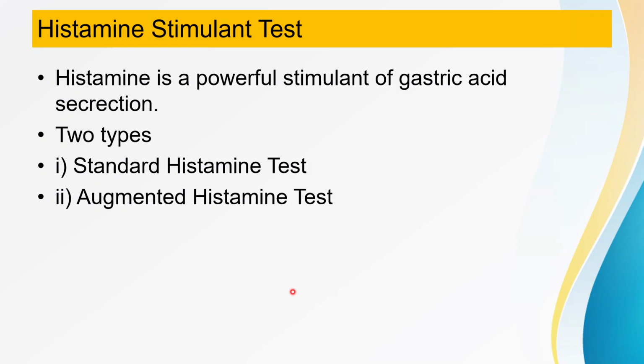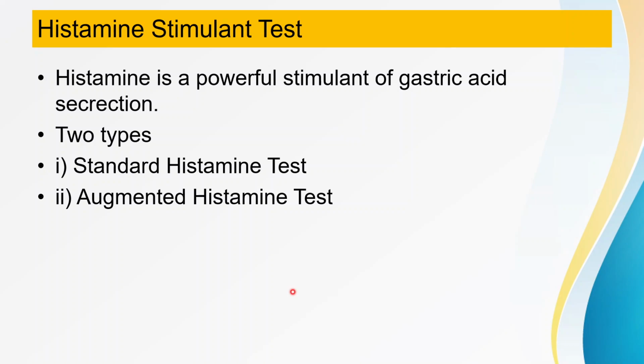So absence of HCl, this is the interpretation. Absence of HCl in gastric residuum and in gastric juice after giving histamine. After giving this histamine, if there is no HCl secretion or HCl present in this gastric residuum, it clearly says the patient is suffering from true achlorhydria.